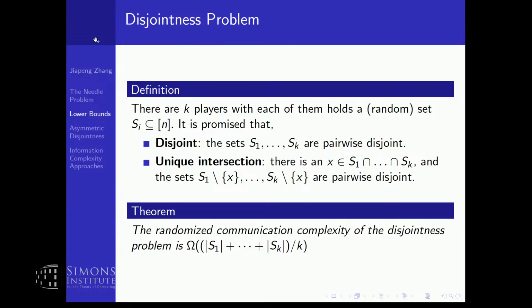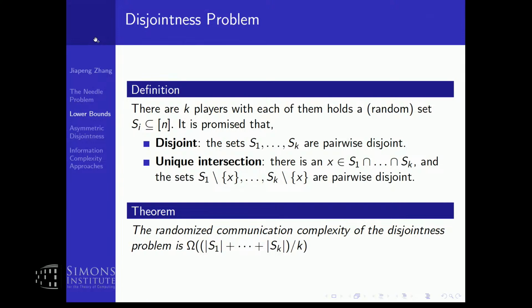So let's go back to this problem. If you want to design an algorithm, what is the most intuitive way to construct a communication protocol to distinguish these two cases? The player with the smallest Si says, okay, this is my set, and tells everybody else.